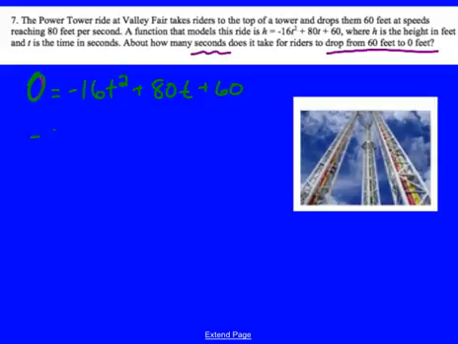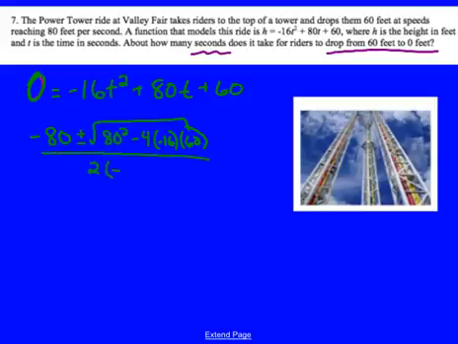So if I do negative b, I have negative 80, plus or minus b squared minus 4ac. So 80 squared minus 4, A is negative 16, and C here is 60, all divided by 2A, so 2 times negative 16. I'm alright with that.